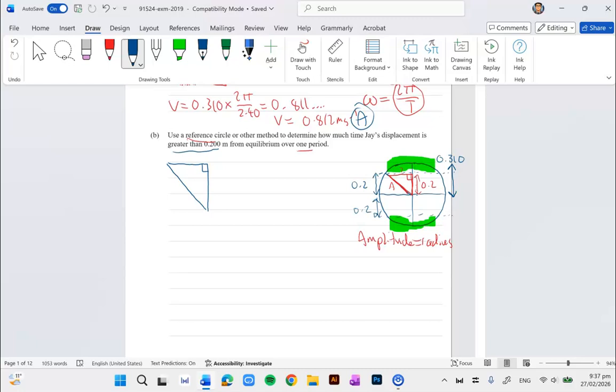So we're trying to find this angle here, by the way. This is my amplitude because that's the radius, or you can call it R. This is 0.200. So using our trigonometric knowledge, we know this is the hypotenuse, this is the opposite, and this is the adjacent.